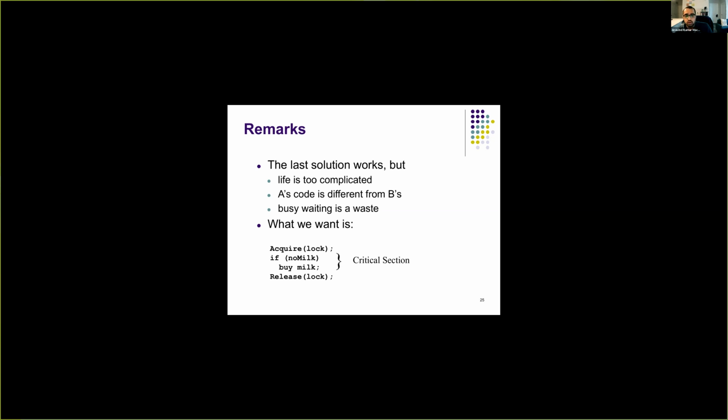What we want from this lock acquiring and releasing is to make sure that the code where we check for milk and where we buy the milk is executed by only one process at a time. So it doesn't matter how many processes we have, we want to ensure that only one process can ever check for the existence of milk. Okay, so this is called critical section.